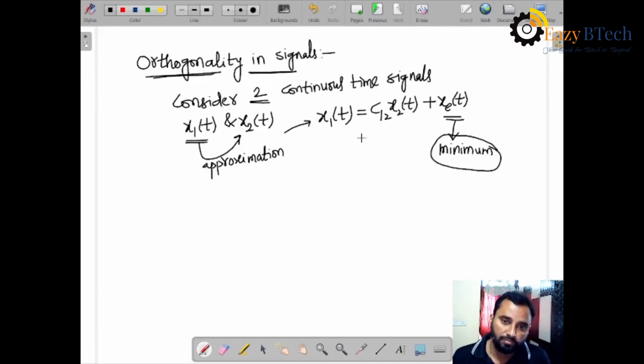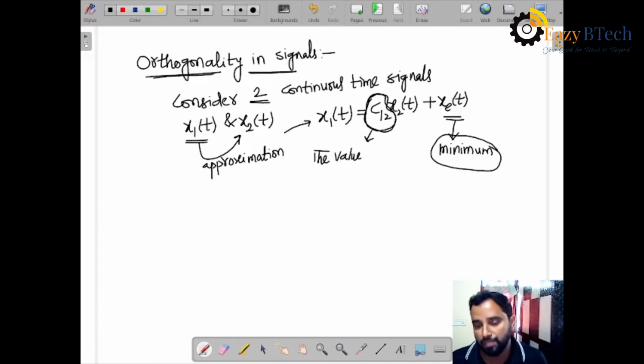Now, in this way we can do. But what about C12? How to calculate C12? What is the importance of C12? The value of C12 indicates similarity between x1 and x2, the same as we discussed in vectors, where the value of C12 indicates similarity between two vectors.